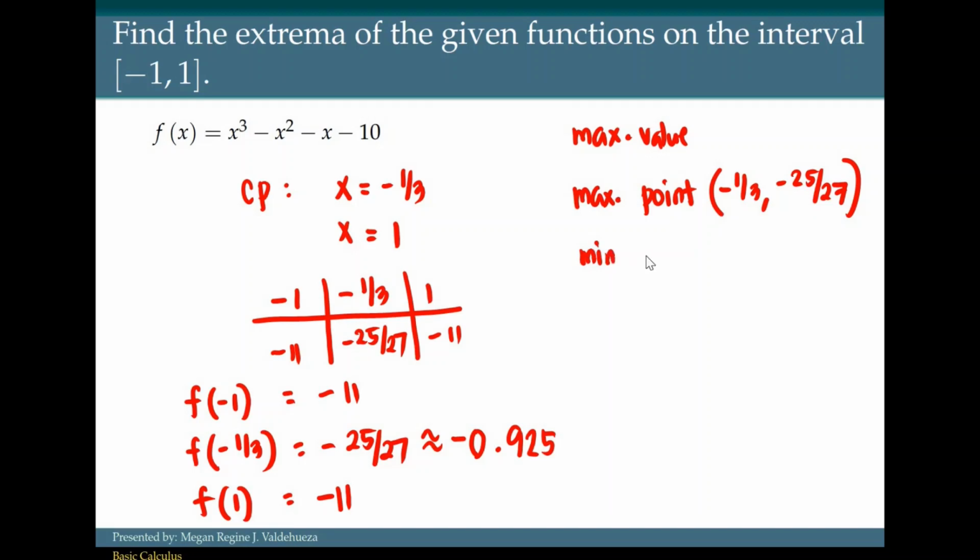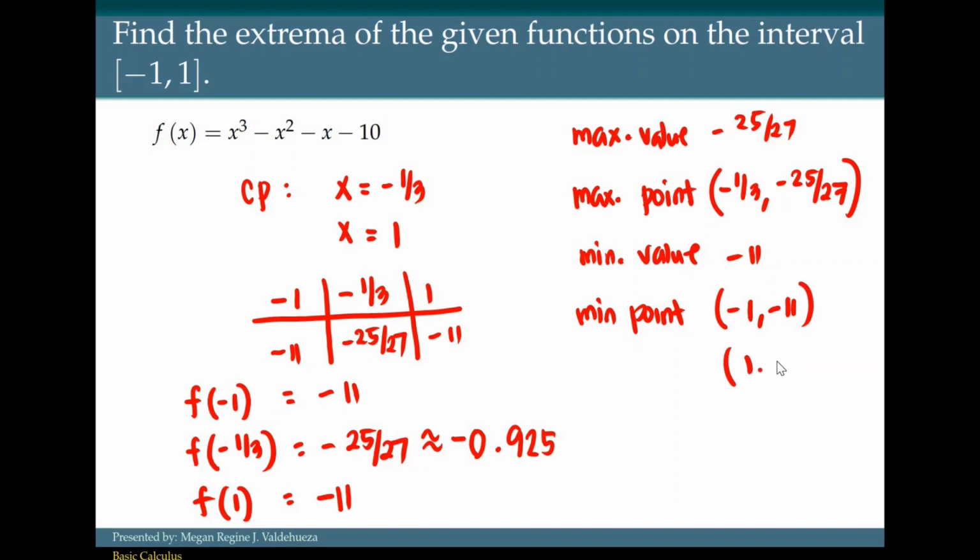And the minimum value is negative 11. So this is negative 25 over 27. And this is negative 11. Then the minimum point, since we have two minimum points, that is negative 1, negative 11, and positive 1, negative 11.